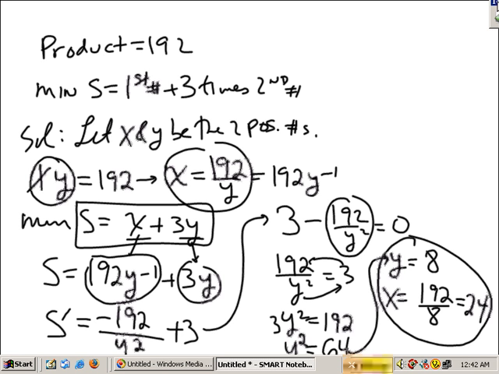For example, we get 192. You can have 1 and 192. You can have 2 and 96. You can have 6, 7, 12.